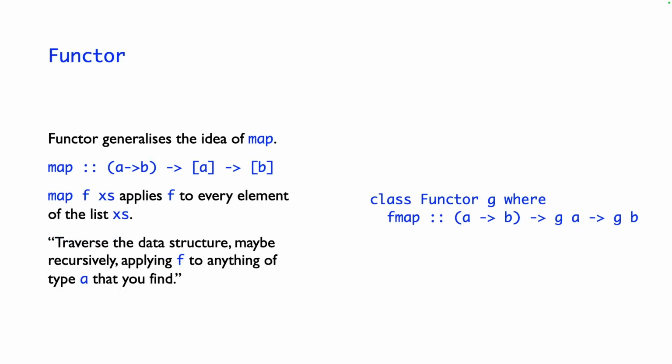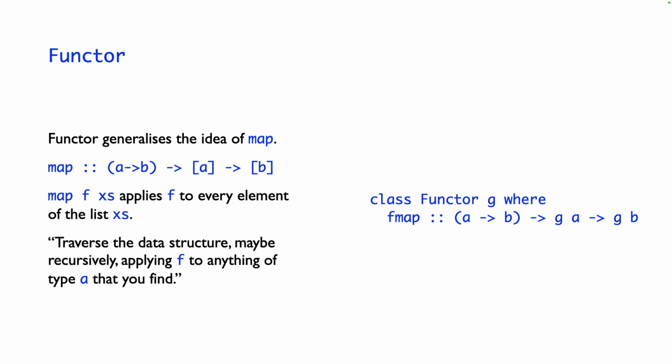And what we say here is the class Functor of g. So for g to be in this type class, g is a functor, it's a function from types to types. What do we have to do? Well, we have to have a thing called fmap, which when given a function from a to b and something of type g of a gives us back something of type g of b.